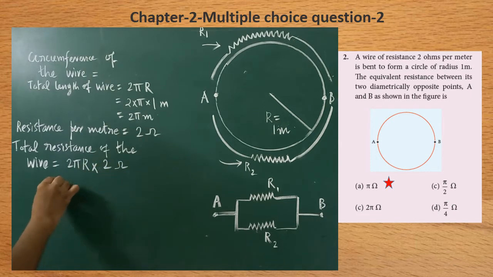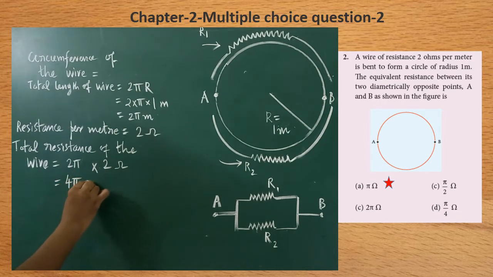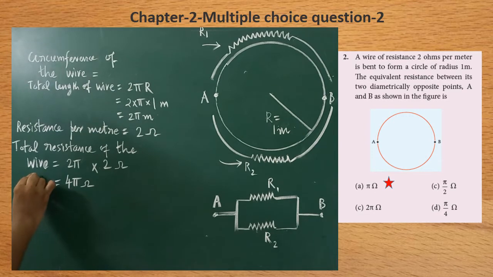Are you clear? We have already calculated 2 pi r, 2 pi meter, which is the length of the wire. So multiply both, and you will get 4 pi ohm. This is the total resistance of the wire, R total.